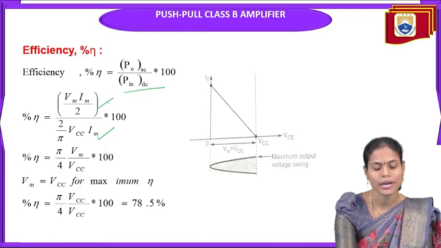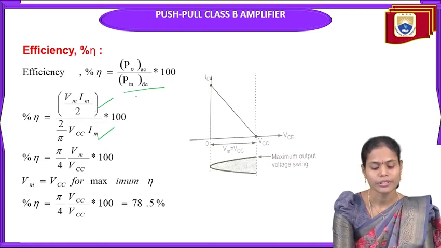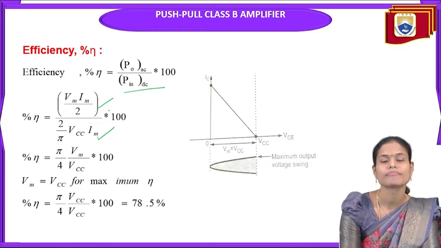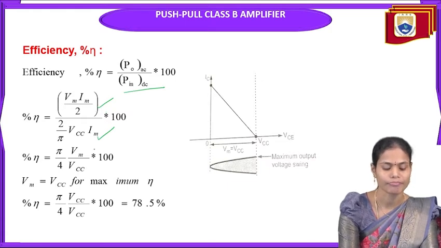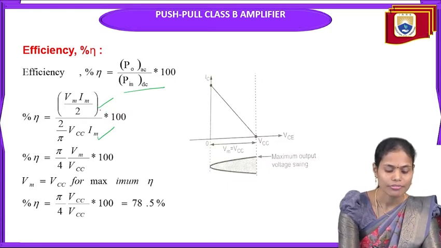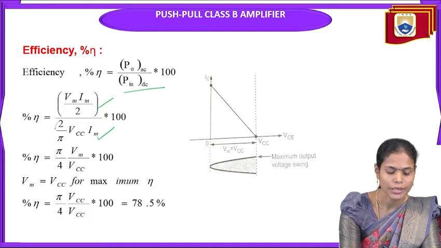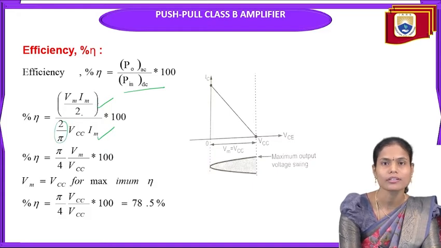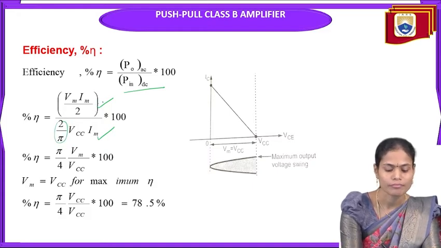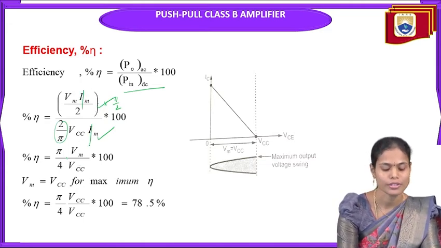Now substitute the values of PAC as well as PDC here. PAC is Vm Im by 2 and PDC is 2 VCC into Im by pi. Okay. So if we take this pi by 2 term into the numerator, we will get pi by 4 into Vm by VCC. This Im will get cancelled.